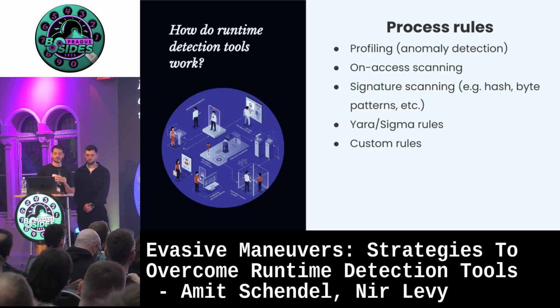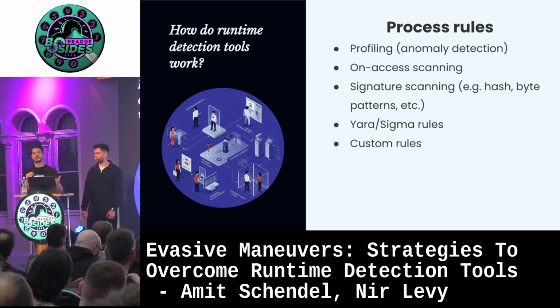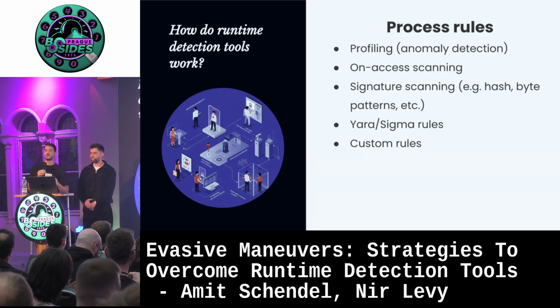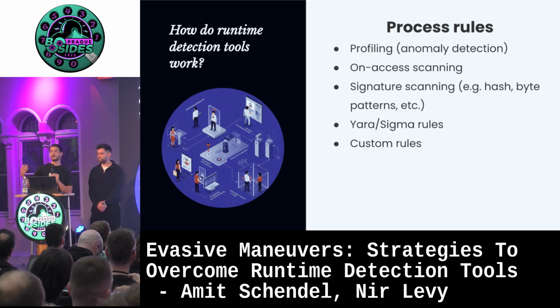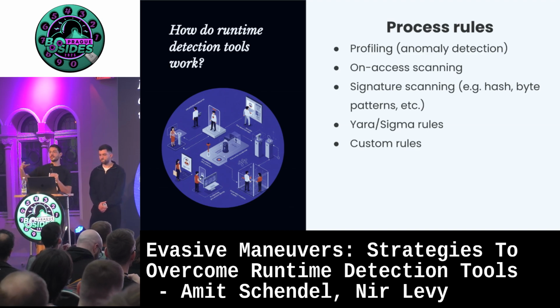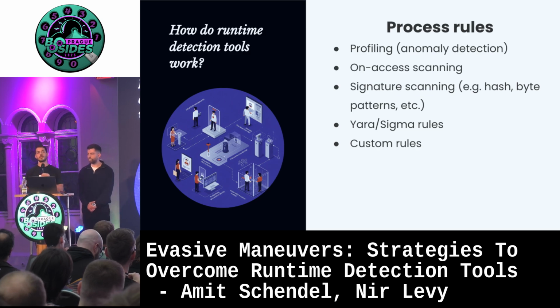For example, assume you are running in a Kubernetes cluster and we have a runtime detection tool that wants to monitor for attackers on this cluster. What some vendors are doing is actually building profiles for the applications running in Kubernetes. If you think about it, your operating system, like Windows on your home PC, is a bit unexpected. Every day you can do something new on the computer.